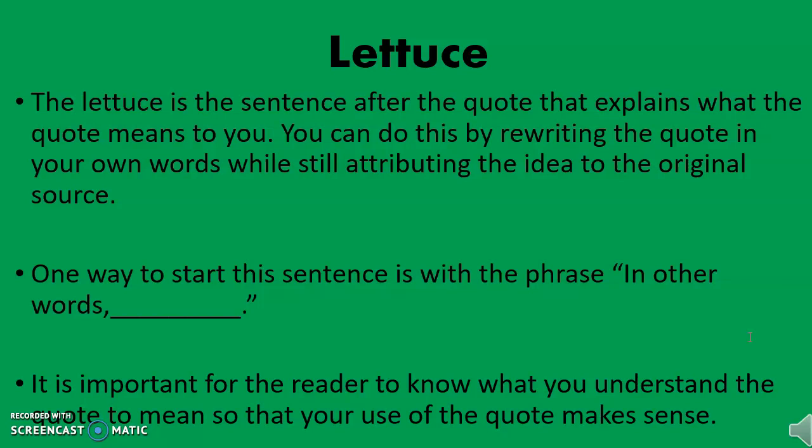So it's good to let your reader understand your interpretation of that line of poetry so that you can go on to explain how it is a good example of whatever theme or element of the work of literature you are exploring.